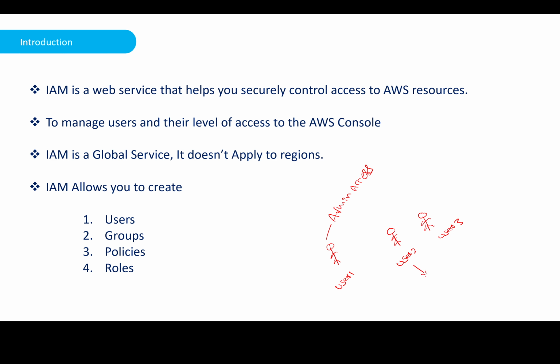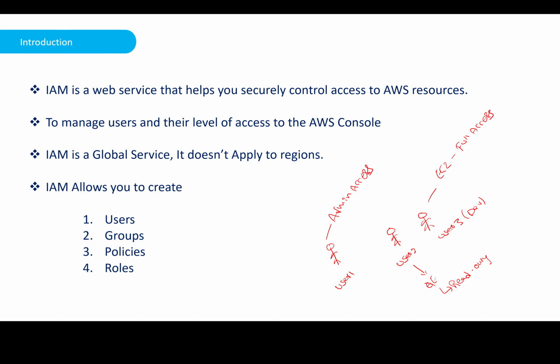Let us say user 2 belongs to the QE team, the testing team. So I would like to provide only read-only access, which means he can read and view, but he can't create or delete. Let us say user 3 is a developer. So he needs full access on the EC2 service, which means instead of providing unnecessary access to every user, we can control what they have to access.